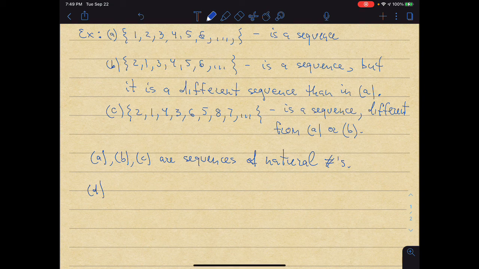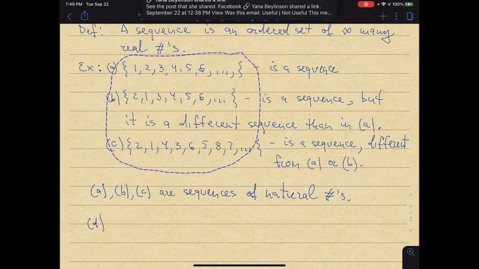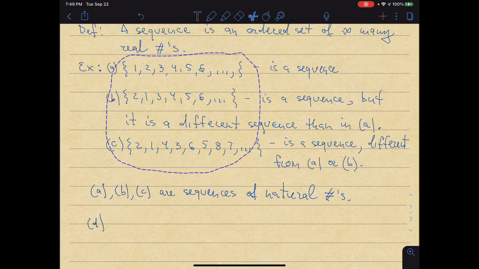Actually, one important thing here is that in all three cases, in fact, whenever I talk about a sequence, I'll have to specify infinitely many elements. So that means that your specification has to be done in such a way that it is clear what all elements of the sequence are. You have to be able to prescribe or describe what all elements of a sequence are.